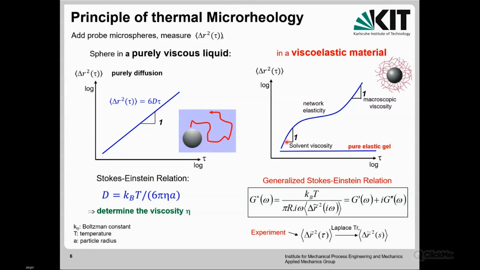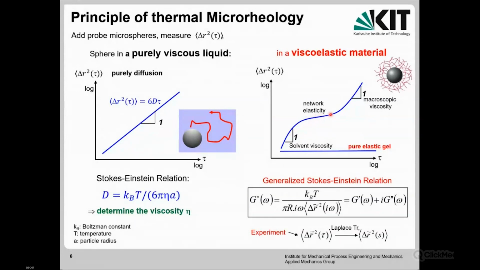But at longer times, the tracer particle feels the elasticity of the network. Here you see the tracer particle is within a network. So at short to medium times, the tracer particle feels the network elasticity. The motion of the particle is restricted, therefore the mean square displacement becomes flat.